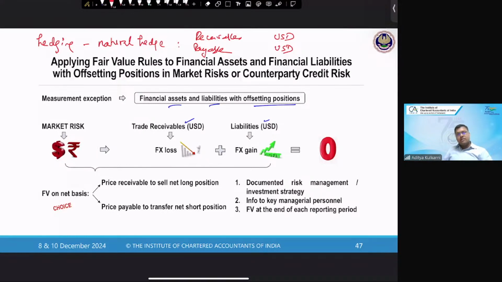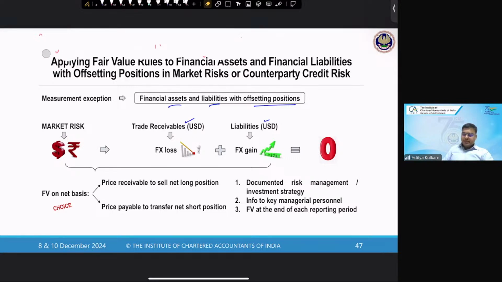Did you understand the question? Should I value my receivables and payables separately, or should I offset? Okay. Now see, there is a choice that is available.